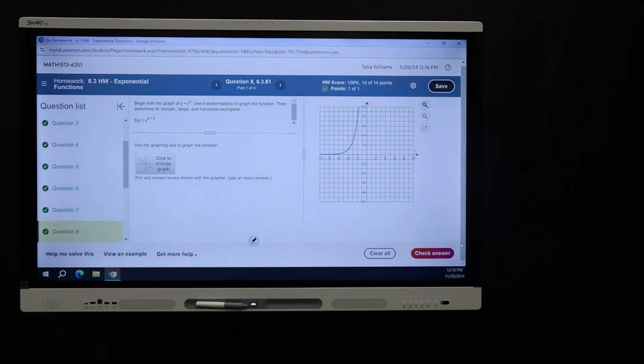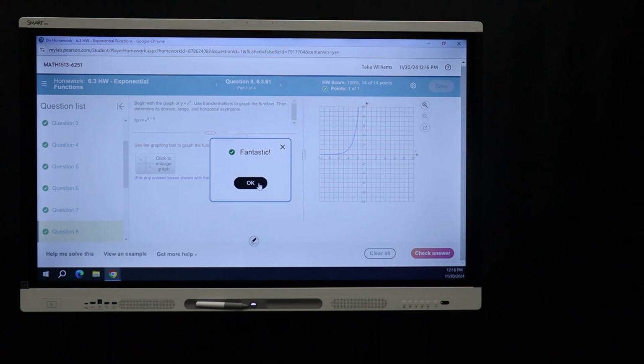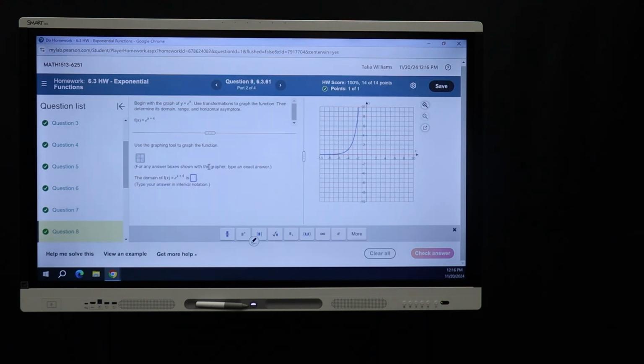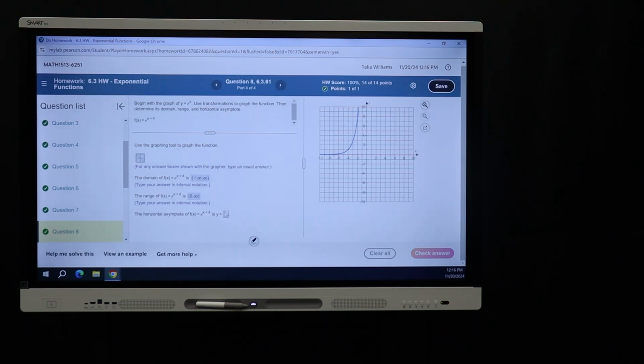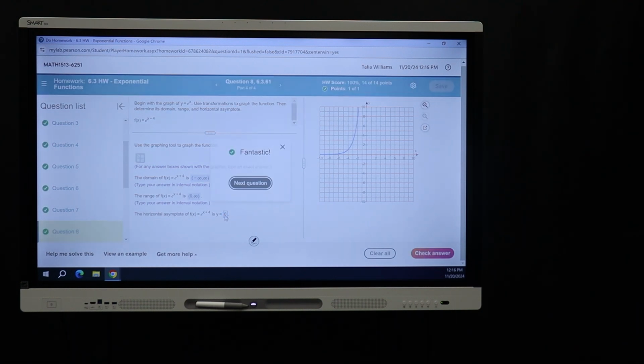Okay, save, check answer. Domain of exponential, negative infinity to infinity. Our range, it starts at 0 and goes to positive infinity. Our horizontal asymptote, this one has y equals, just put 0.